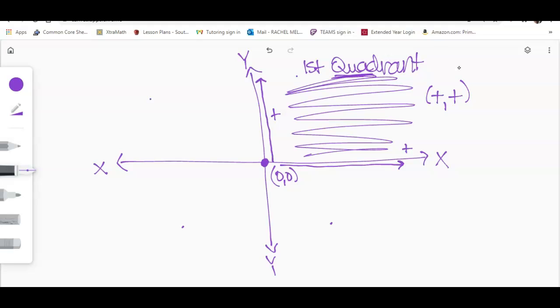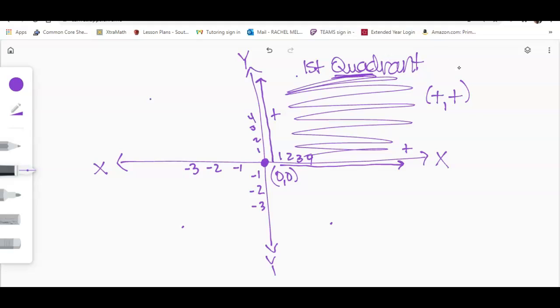Next year, when you get to sixth grade, you are going to start dealing with negative numbers. Now what that means is, think about this. If this is 0 and I'm going up, 1, 2, 3, 4, right? What's below 0? Below 0 is -1, -2, -3, and so on. And the same thing over here. If this is 1, 2, 3, 4, then going this direction I have -1, -2, -3, and so on.